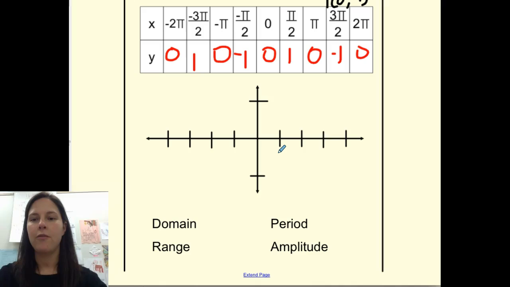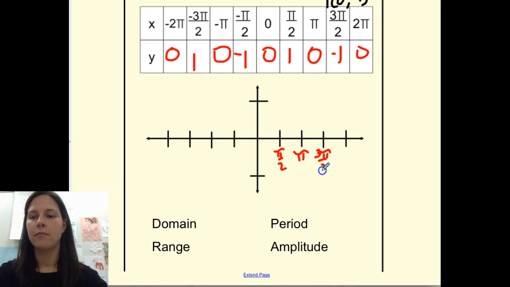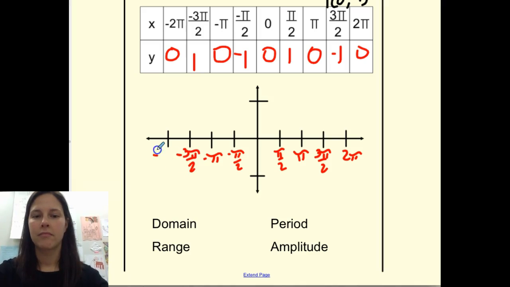Setting up my graph, we have pi over 2, pi, 3 pi over 2, and 2 pi. And on the left, we've got the negatives. As I mentioned, our minimum is negative 1, and our maximum is 1.